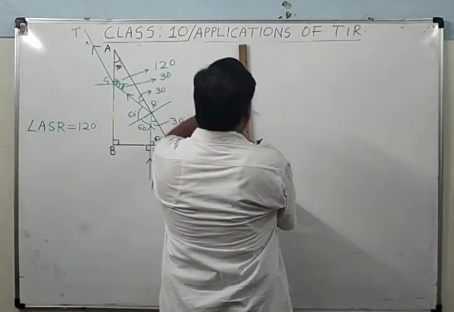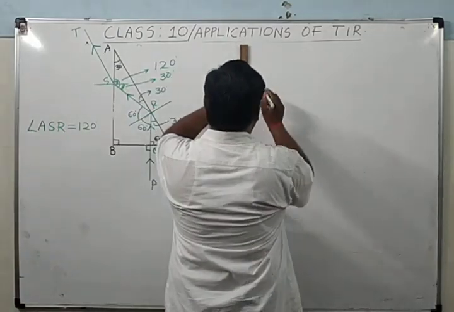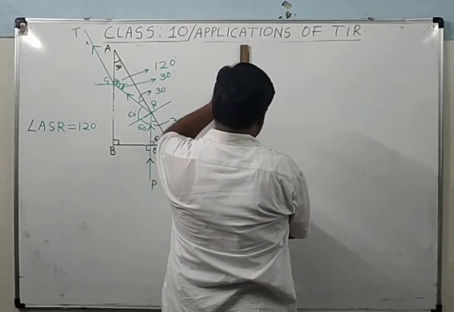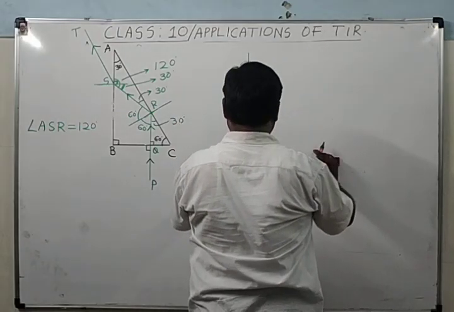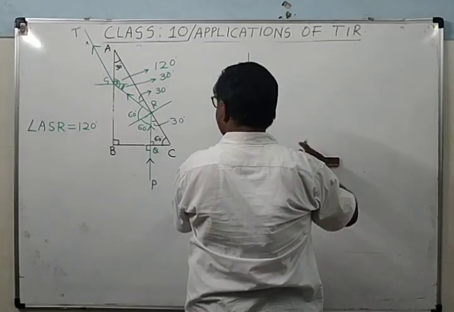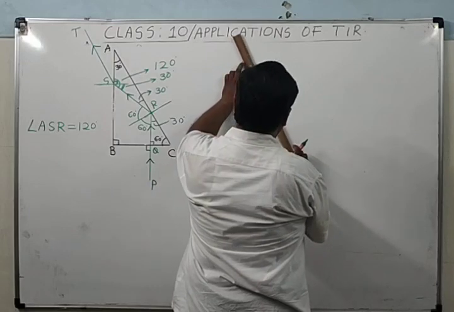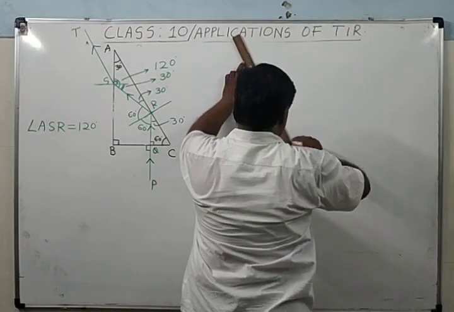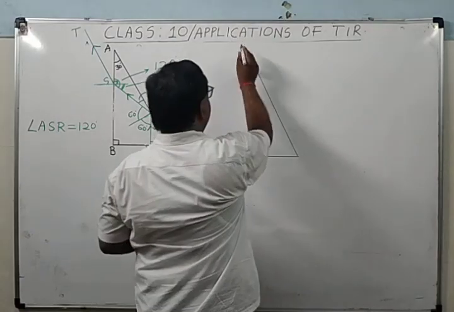Now here total internal reflection is taking place on the surface AC, but if it is like this, if the ray is falling perpendicularly to the AB, then what will happen? Then you will find that there will be no total internal reflection.